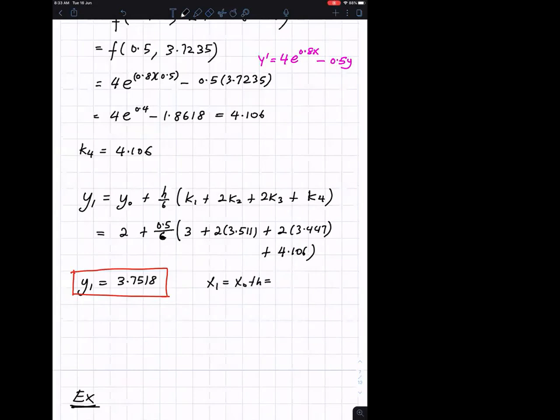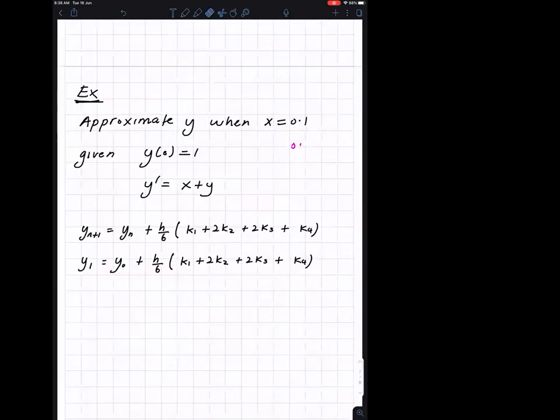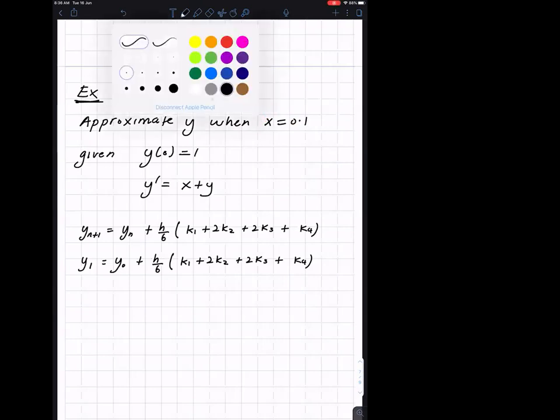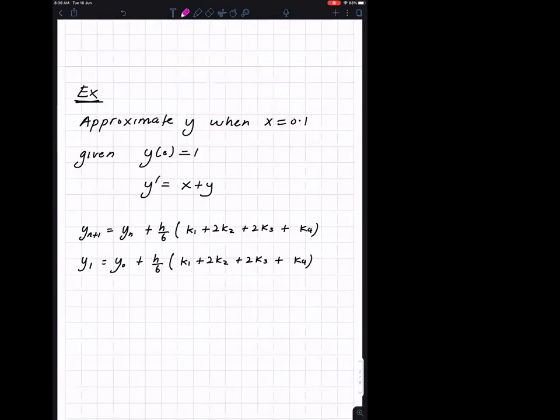Which is 0 plus 0.5 in this case. Approximate Y when X is 0.1. The initial condition, let's identify which is the step size. It's a step size.